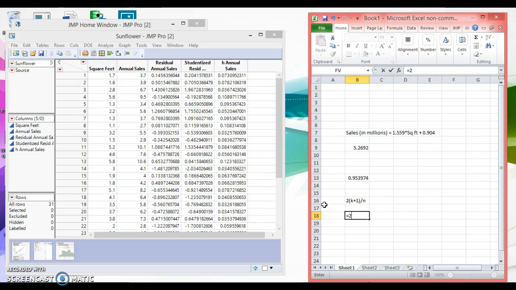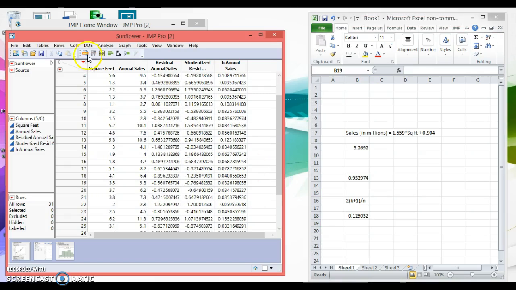So it's 2 times 2 divided by 31, and it returns this value that really doesn't have a unit behind it, so it's just a threshold. So if any hat values exceed 0.129, then it's considered a high influence point.